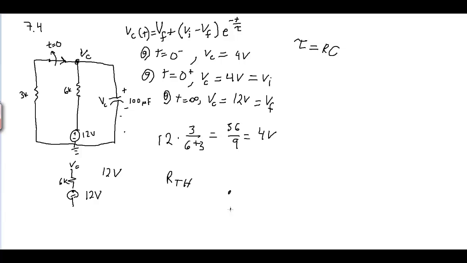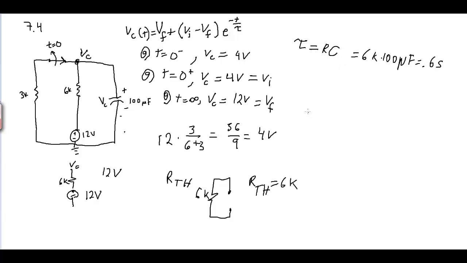So our capacitor is here. Here's the 6K, which means our Thevenin is just going to be 6K, which means our tau is just going to equal 6K times 100 microfarads, which equals 0.6 seconds.